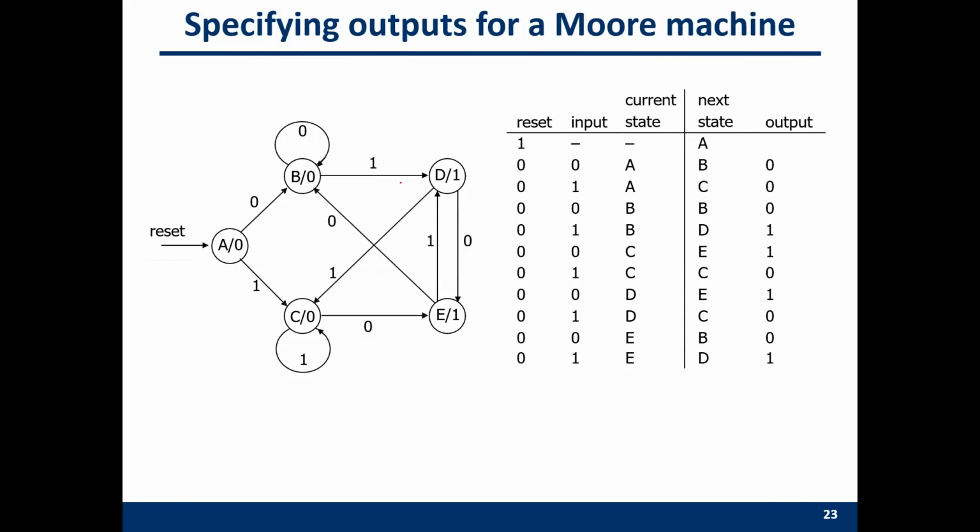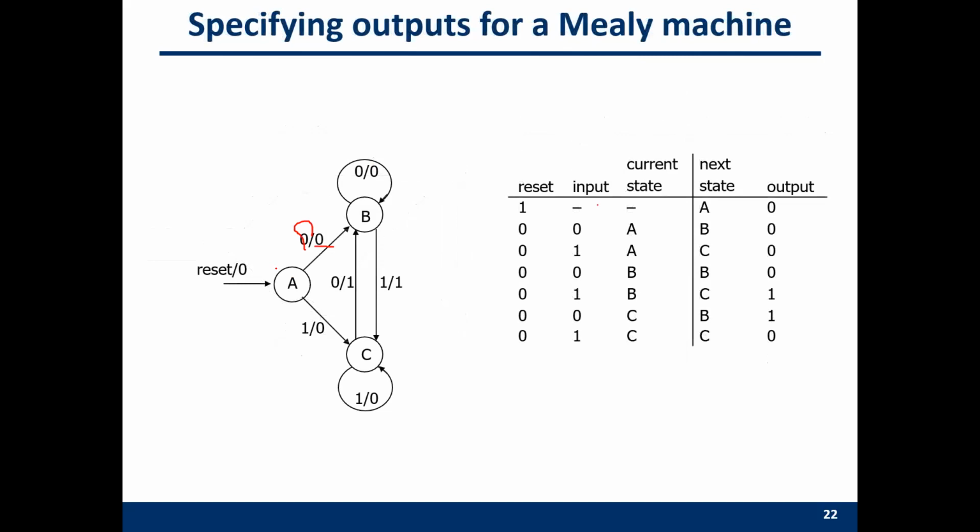Some of the states are developed from the A, B, C. But they may have a different output. For example, in this example, it's possible for B to output a 0.